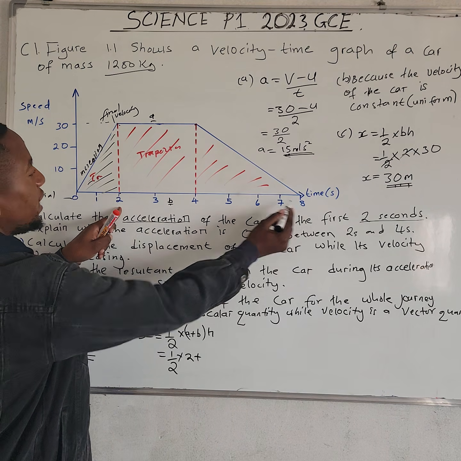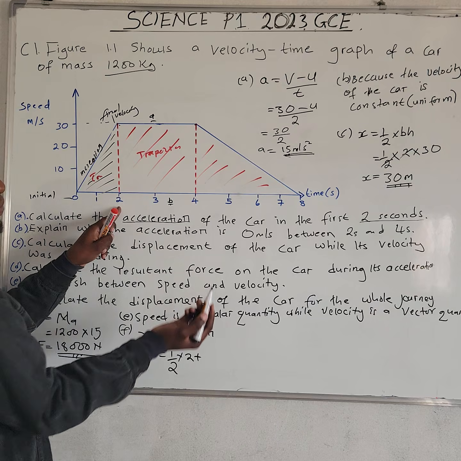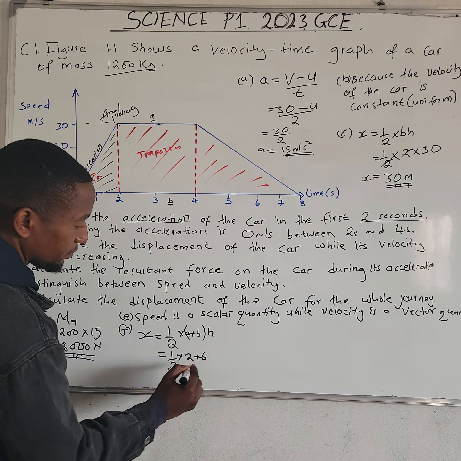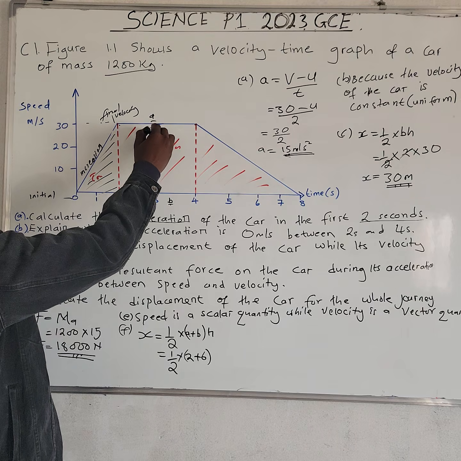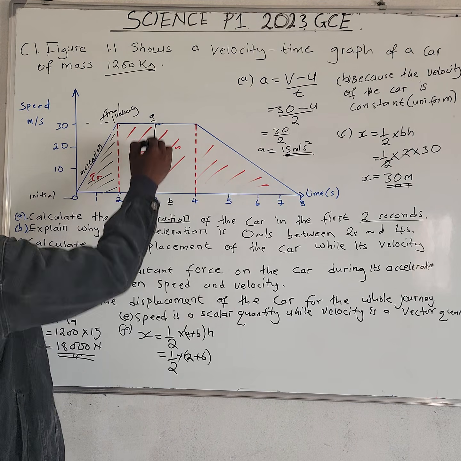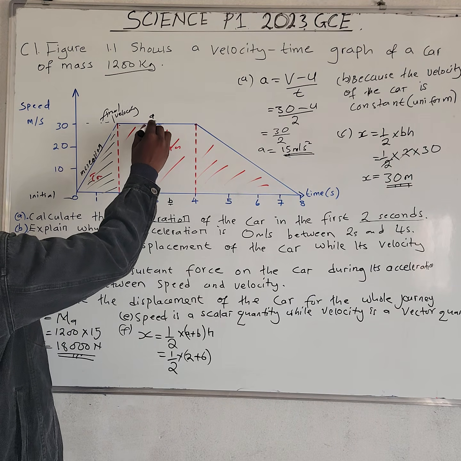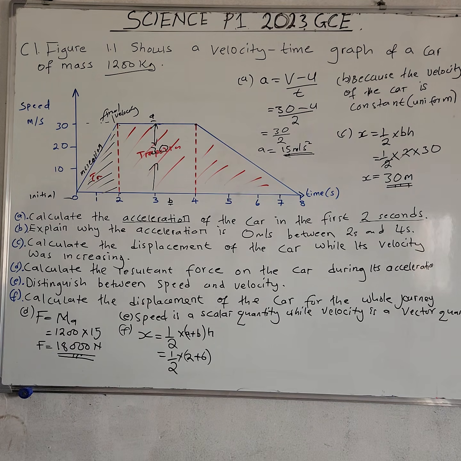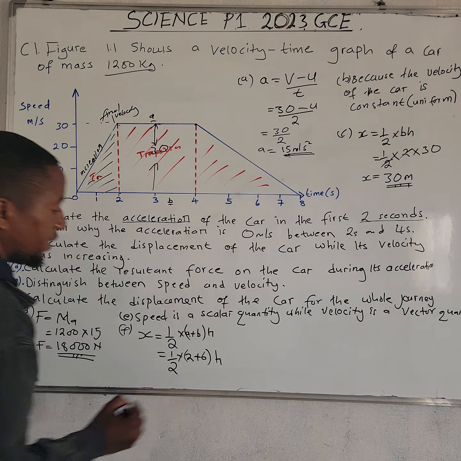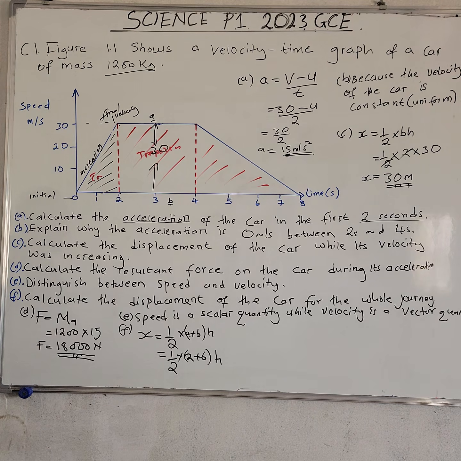The difference between 8 and 2 is 6. So b is 6. Then what is our height? Our height is 30. We are going to multiply by h.